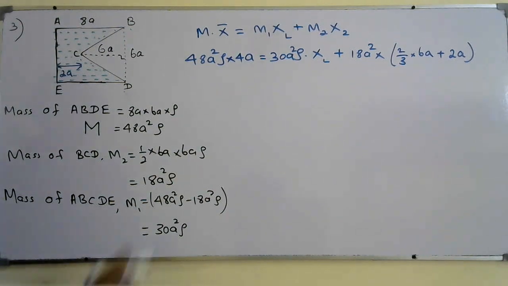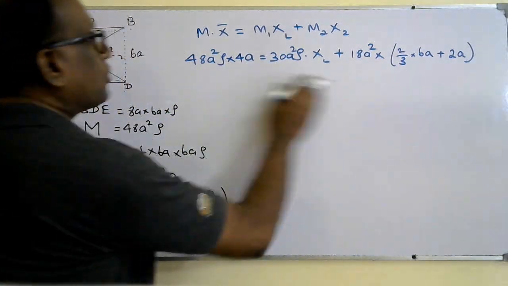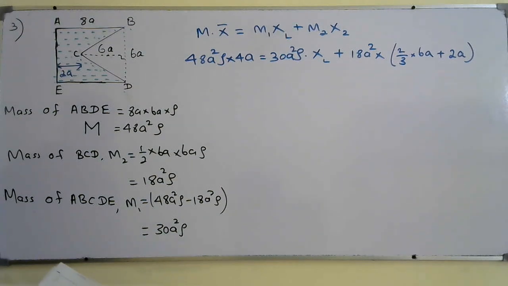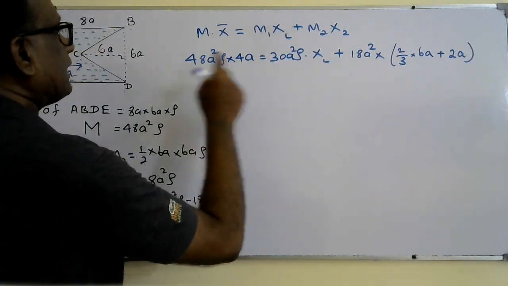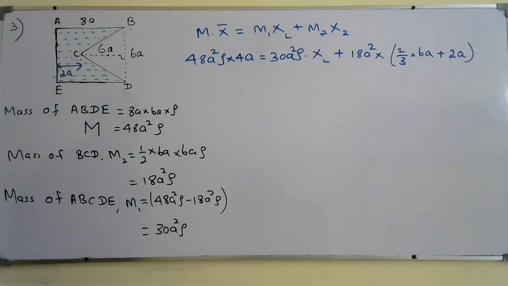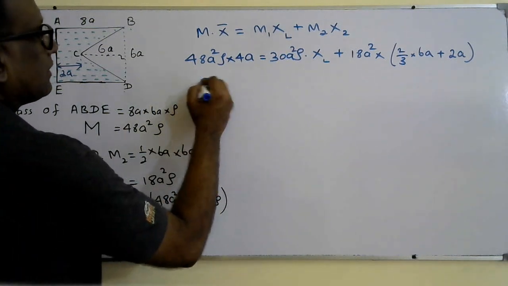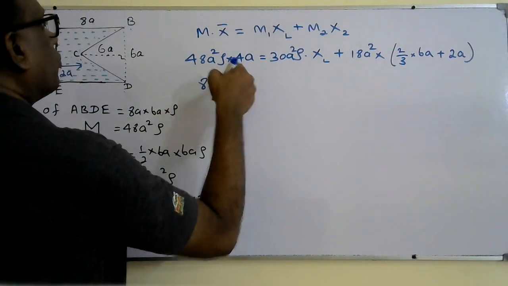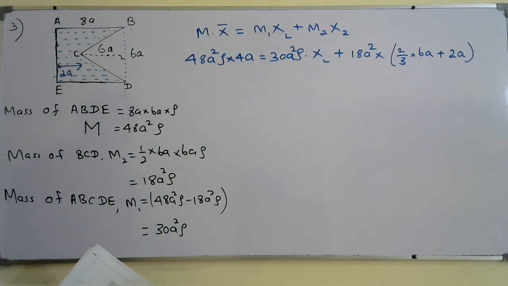Right, we'll solve it. So all the rho will get cancelled, all the a squared will get cancelled. We'll solve it carefully and get the XL. So when we solve, the rho will get cancelled. 18, 30, 60, so I think we can divide the whole equation by 6.